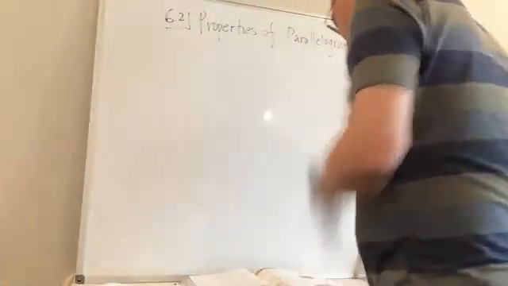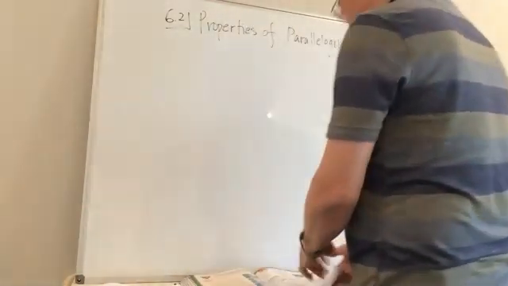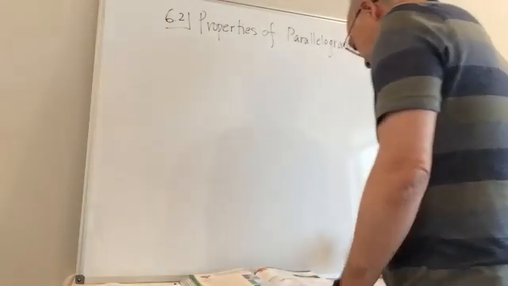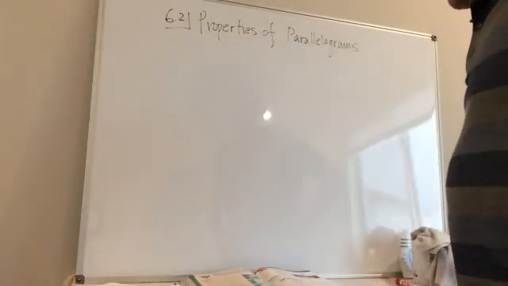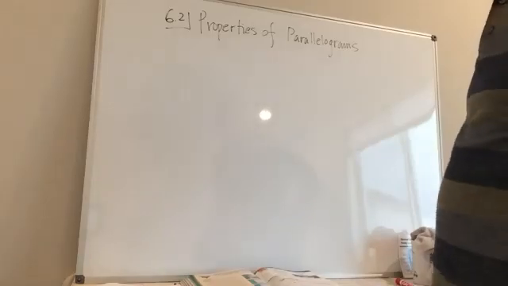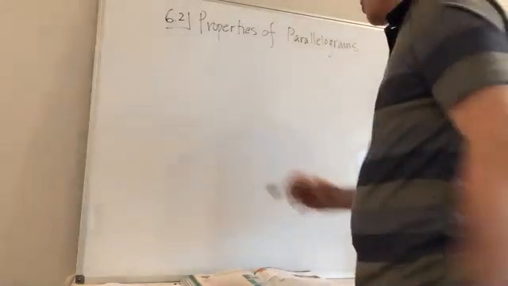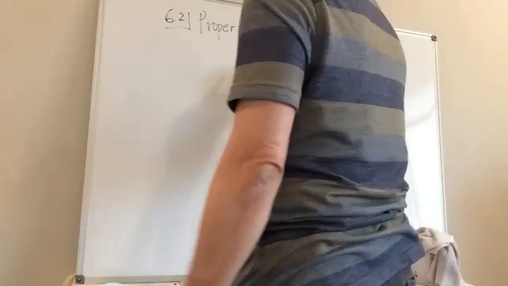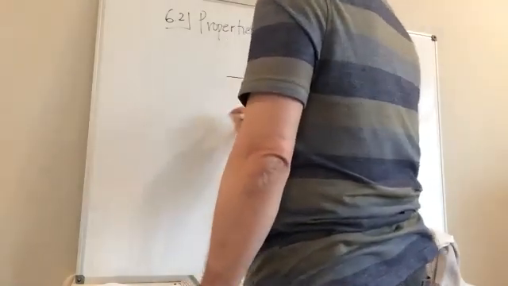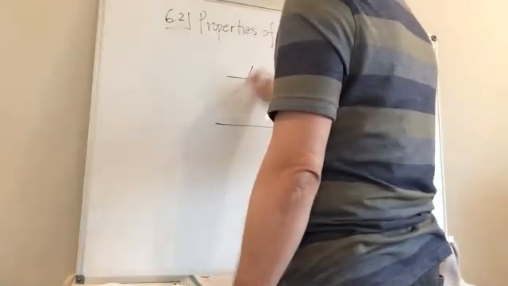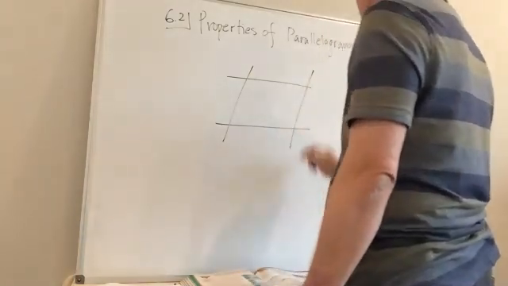Okay, in 6.2, we are going to talk about the properties of a parallelogram. A parallelogram is a quadrilateral that has two sides that are parallel, and these sides are parallel also.